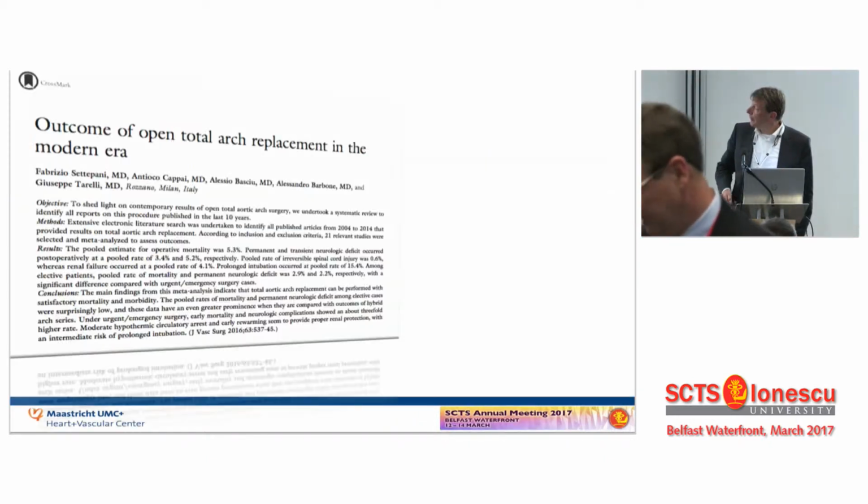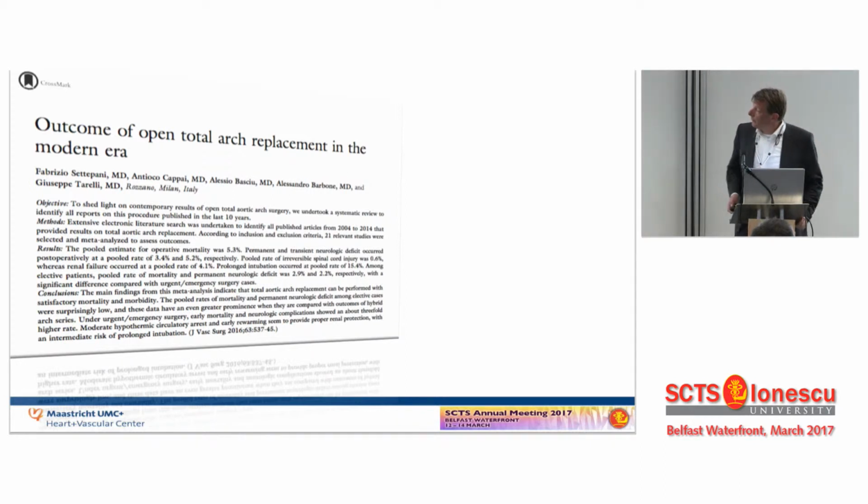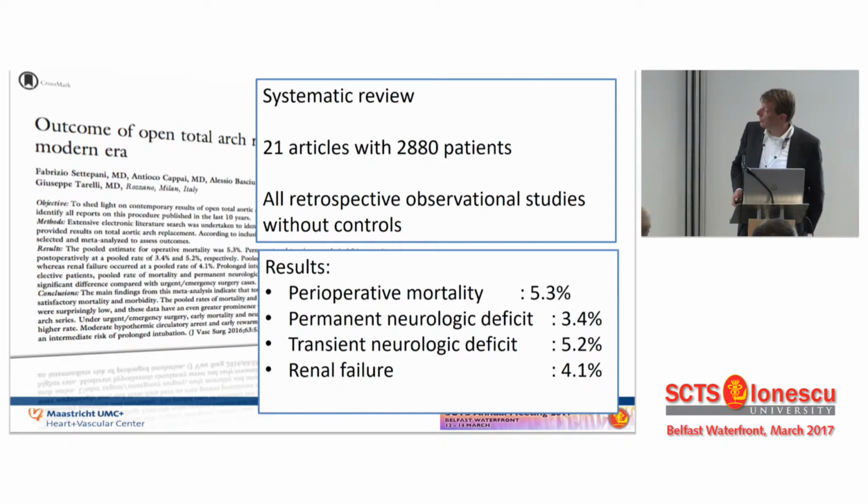My disclosures. And first, if you want to talk about stenting the arch, I think you have to look at the gold standard, which is open repair. And here in this report, it's a systematic review of the literature.